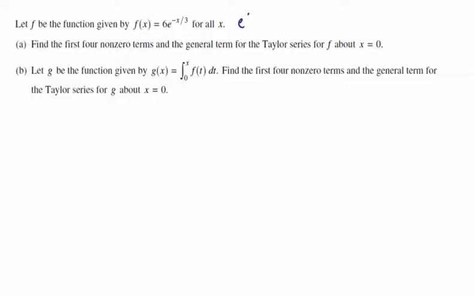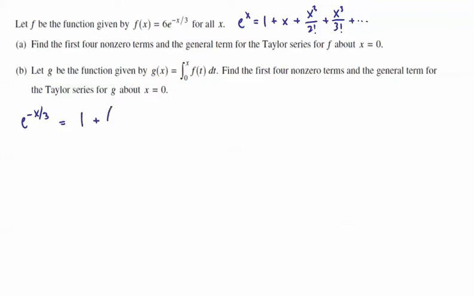And hopefully you recall that e to the x is 1 plus x plus x squared over 2 factorial plus x cubed over 3 factorial, etc. It has all positive terms, and we have factorials in the denominator. Alright, so if we wanted e to the negative x over 3, then we're going to replace each x with negative x over 3.